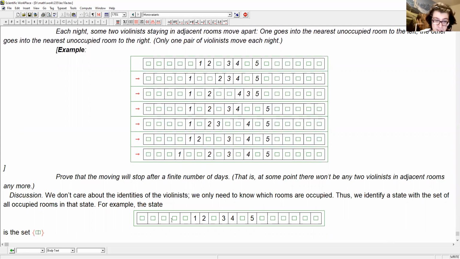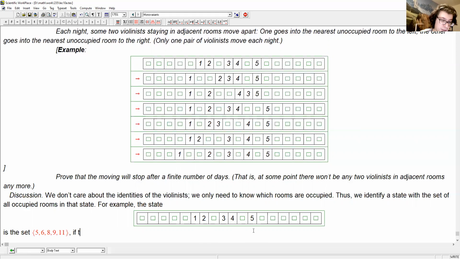So I'm going to start counting rooms here. I'm going to assume that this is the zeroth room. Then this is the first, this is the second, this is the third, this is the fourth, this is the fifth. So the fifth one is occupied. The sixth also occupied. The seventh is free, but the eighth and the ninth are occupied. So I write 8 and 9 here. The 10th is free and the 11th is occupied.